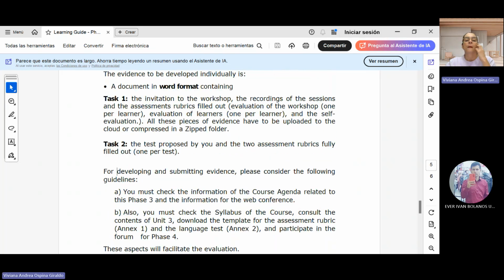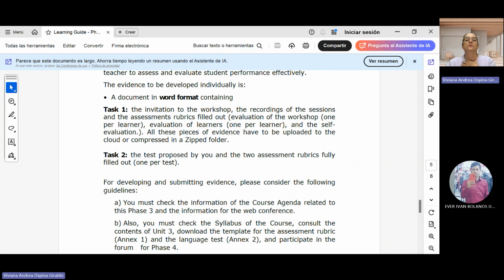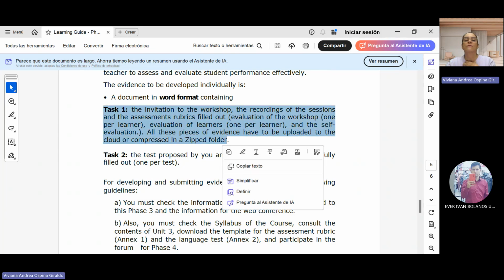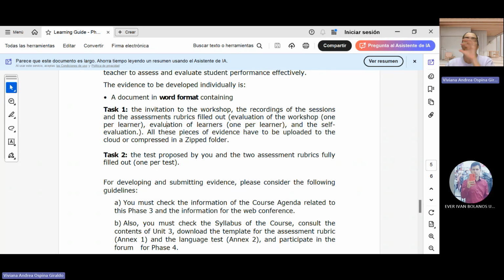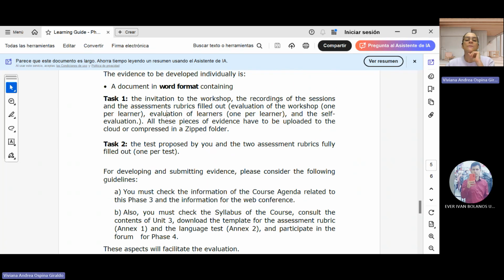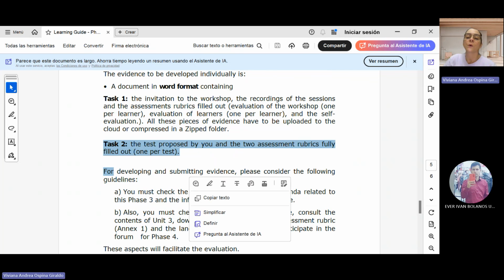Entonces, vamos a entregar, si todos esos documentos los vamos a subir a un Drive, Task 1, entregamos el enlace, nos aseguramos de que todo esté ahí. Y también tenemos que entregar el test with the 2 assessment rubrics. Okay? Is it clear? Or do you have any more questions?